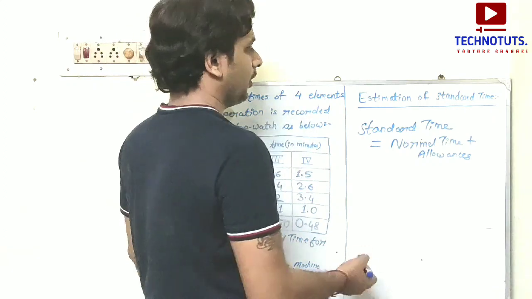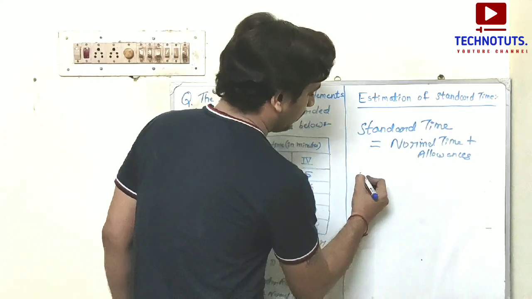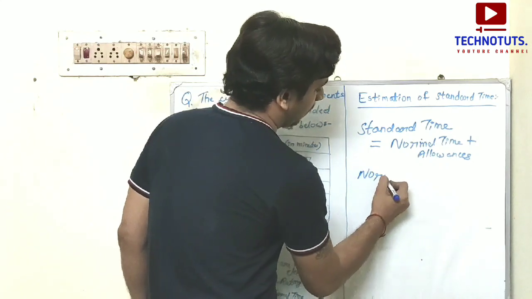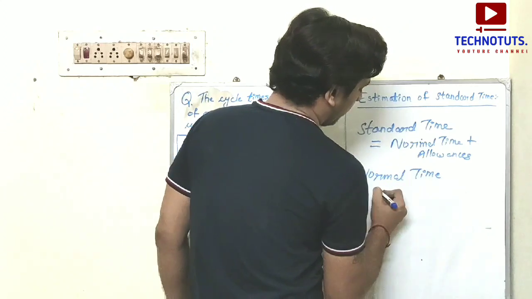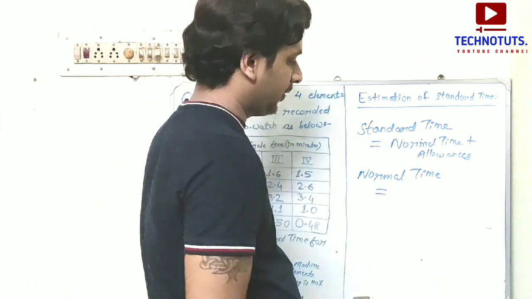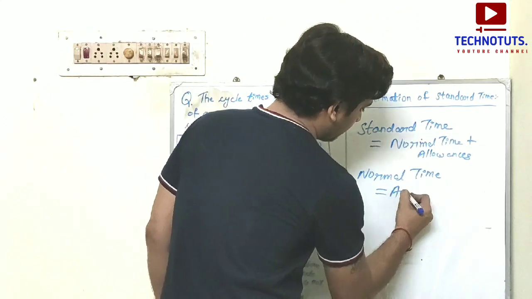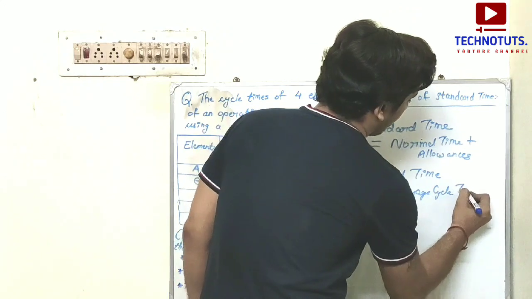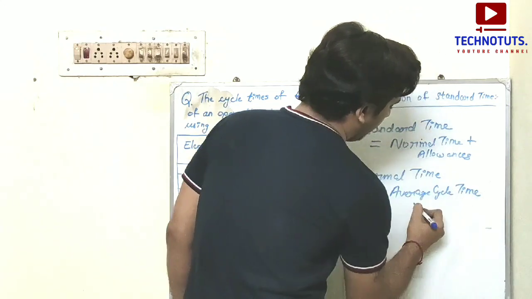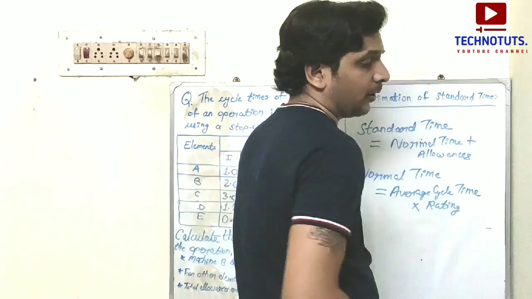Let us see what we mean by normal time, or how we can calculate it. The normal time can be calculated with the help of the formula: normal time is equal to average cycle time for the operation into rating of the operator.